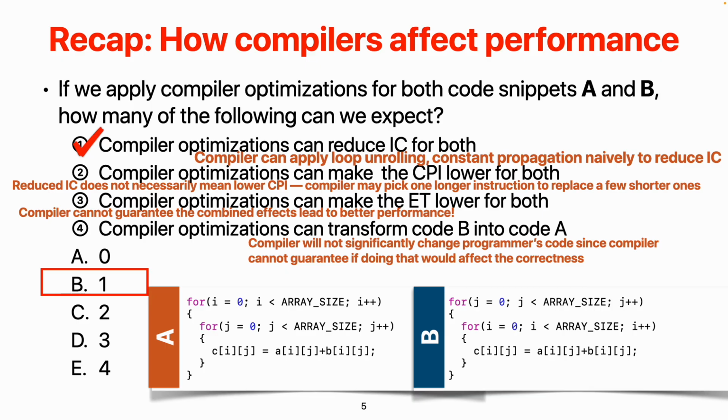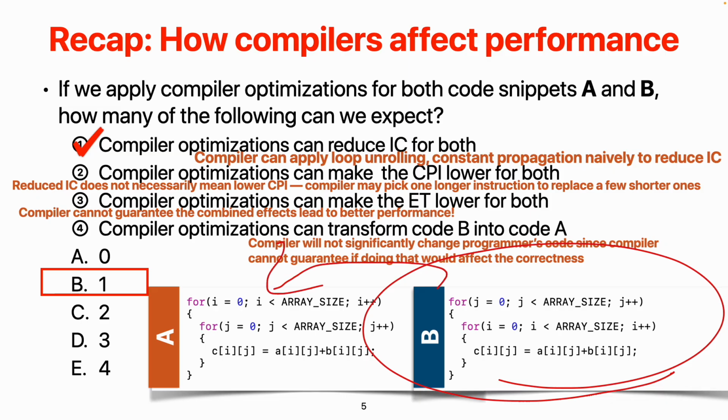Even with the best compiler, there is no way for the compiler to transform poorly written code into perfectly written code. And there is a reason for that, because the compiler optimization's ultimate guideline is that we don't want to get things wrong.